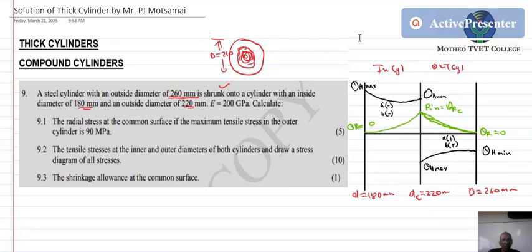Now the first question, they want us to calculate the radial stress at a common surface. Look here, they say maximum tensile. The top part is compressive, and the bottom part is tensile. So it talks about the maximum tensile in the outer cylinder. That means the hoop stress here is given as 90 megapascal.